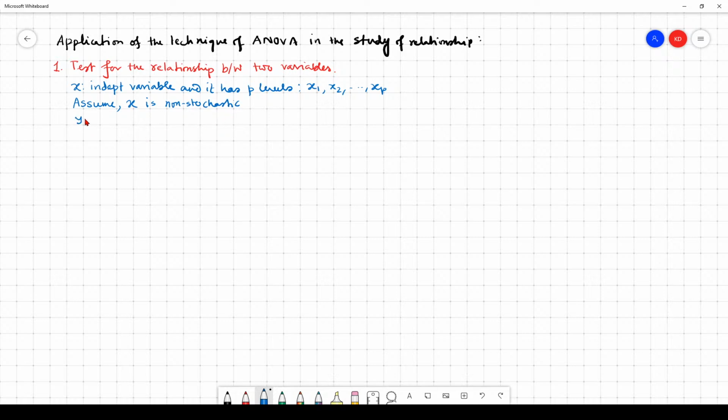Y is a dependent variable, and we arrange the observations as follows.